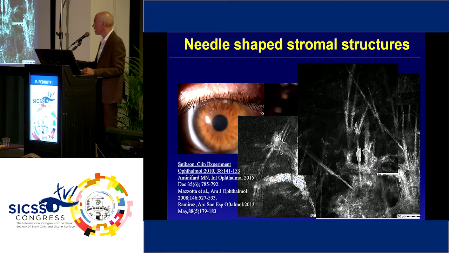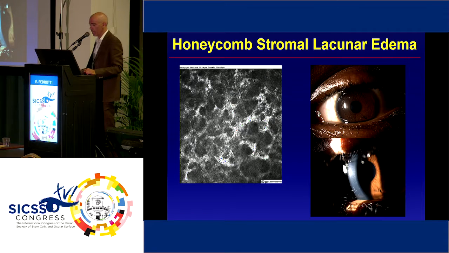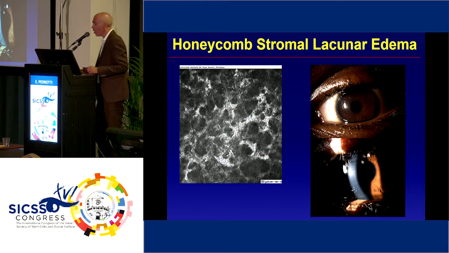In our experience, looking at the images, we never find keratocytes around these branches, these spikes. For us, it is not a new deposition of collagen fibers, but a remodeling of the pre-existing collagen fibers. And we also observe this honeycomb stromal lacunar edema.